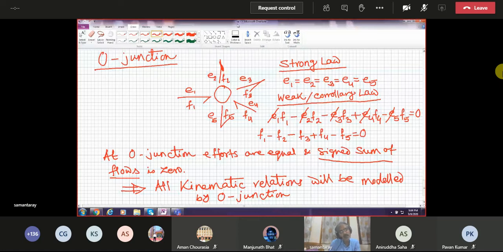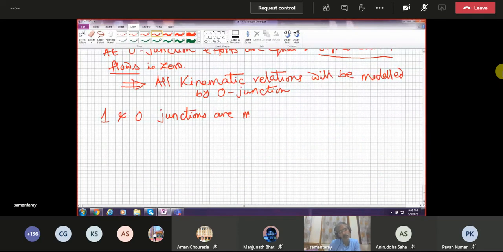These are multi-port constants, because you can connect any number of bonds to these.